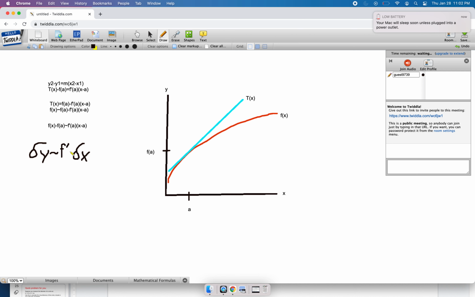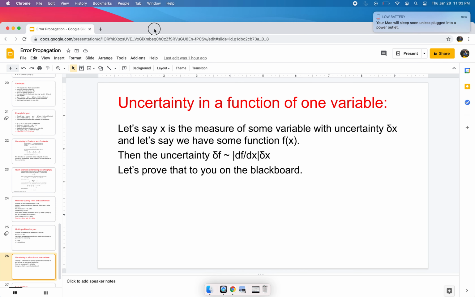In my slide, I had absolute value signs around this. Why? Because I always want the uncertainties to be positive quantities. That's not so bad. And we have our expression here. Remember, this is just an approximation, because the linearization is just an approximation.